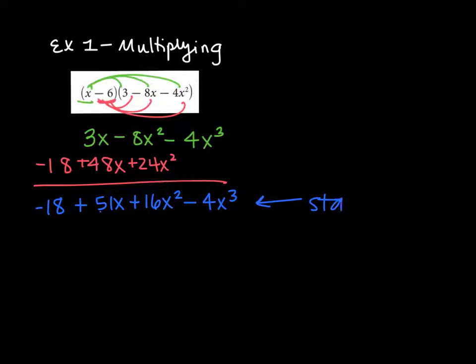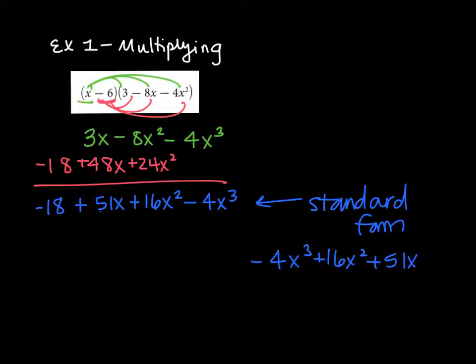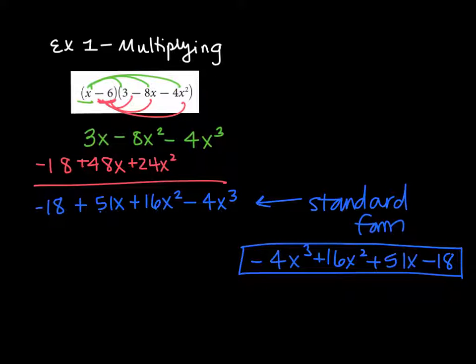Remember, standard form is where my exponents are going to go down. So to rewrite this in standard form, I'm going to start with negative 4x to the third plus 16x squared plus 51x minus 18. You could also do that when you combine like terms.